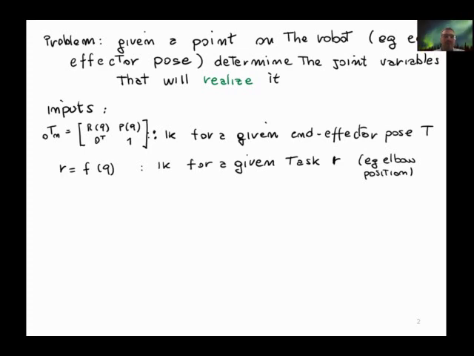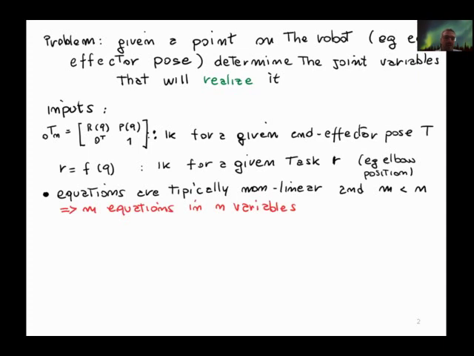For example, we said that kinematics could be defined for whatever point, like the position of the elbow, or just the position of the end effector and not the orientation. So we can be generic. And the equations that we need to solve to compute these joint positions are typically nonlinear. And in general, there are m equations in n variables.